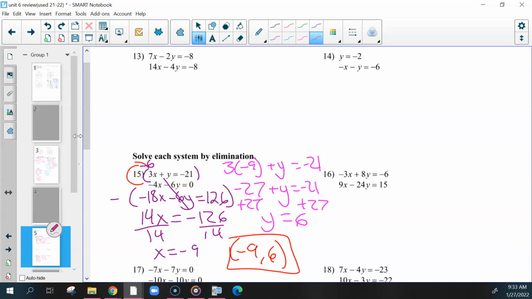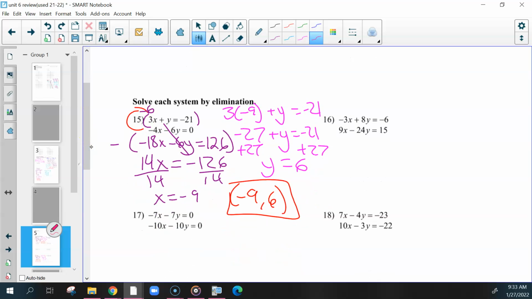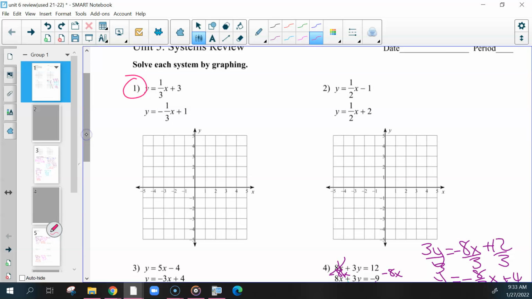I did check. I just wanted to see one. Okay. Evelyn? 16. Any others? One and 16. If you find one as we're going through these, let me know. Okay.